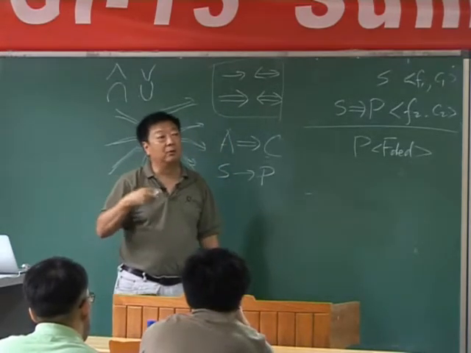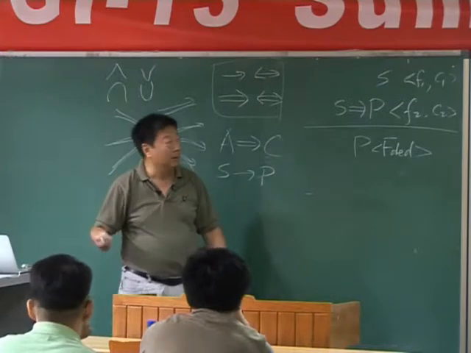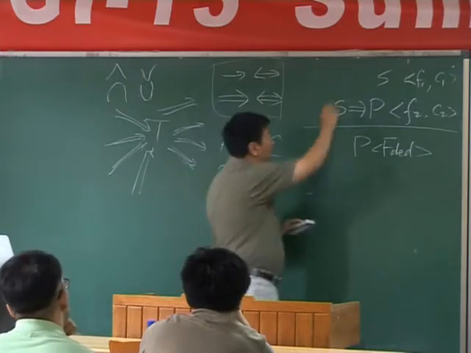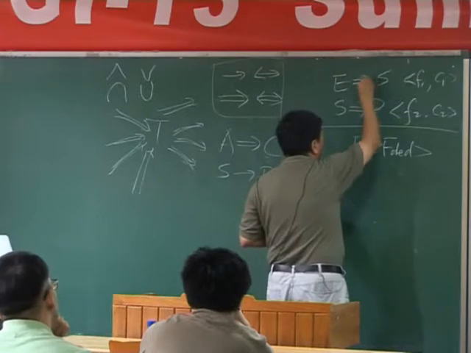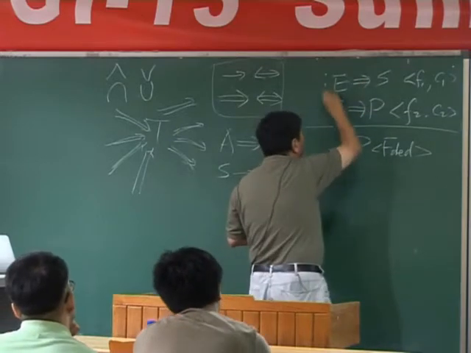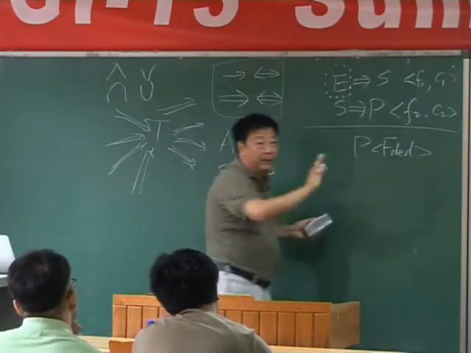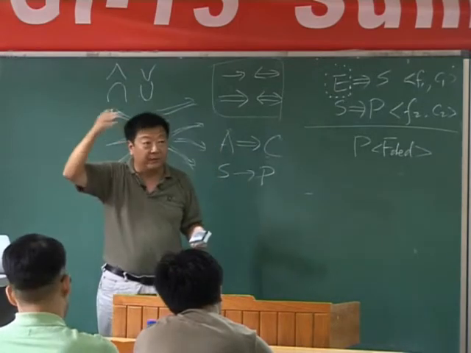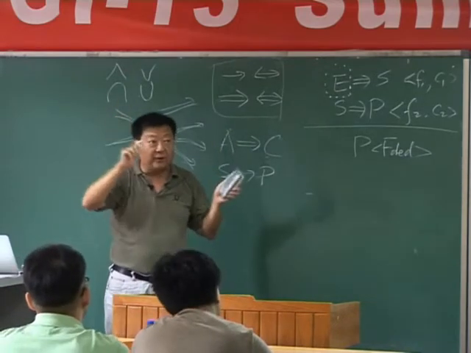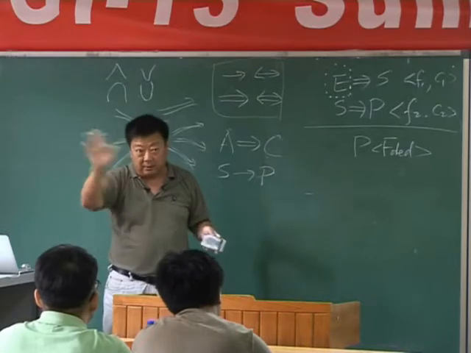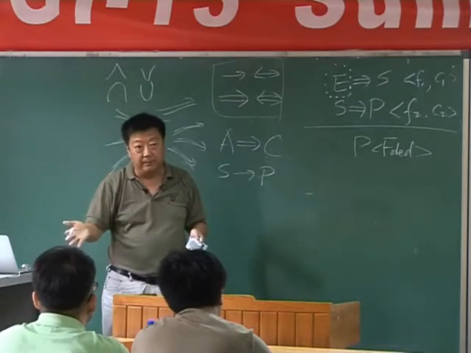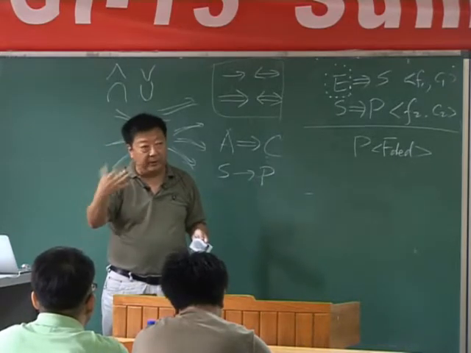Why? According to the trick I played, this can be rewritten into this. And this one, I draw a circle around it to say, okay, it's not a real thing. It's just conceptually a symbol I use to indicate the current knowledge or the current evidence. But conceptually, it's a statement.